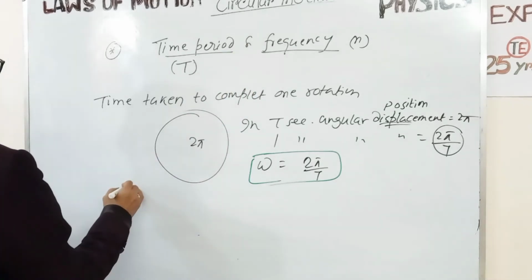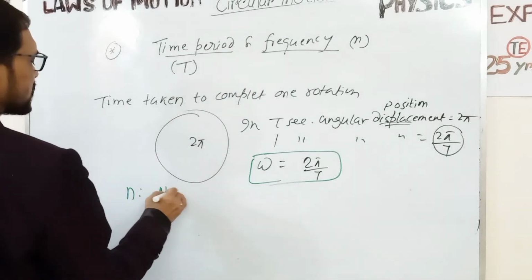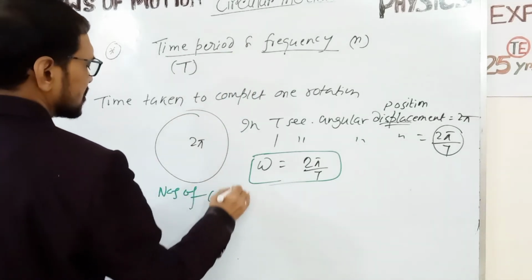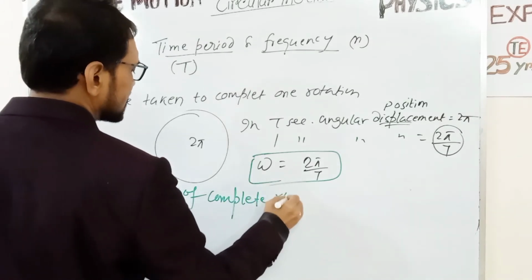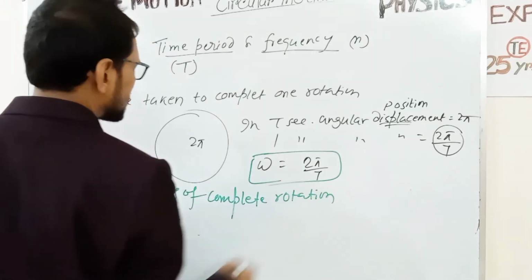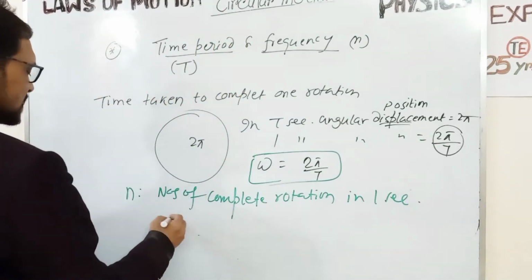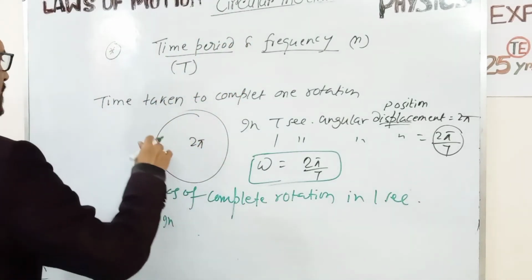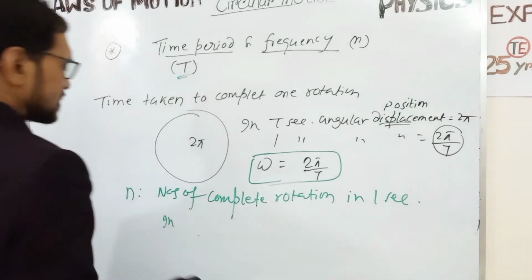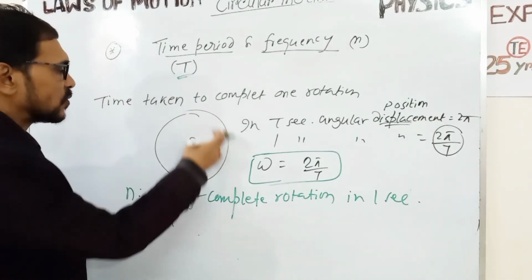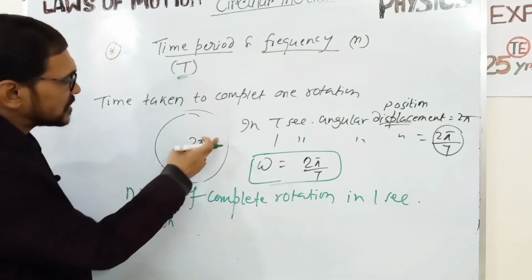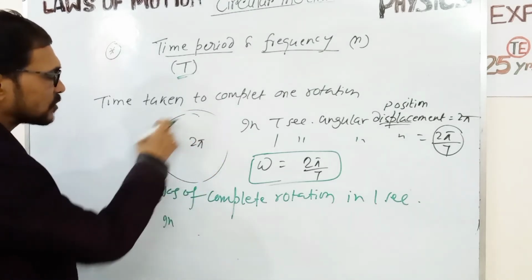And what is the frequency? Frequency equals the number of complete rotations in 1 second. If the time period is T, then in T seconds the body or particle completes one rotation.